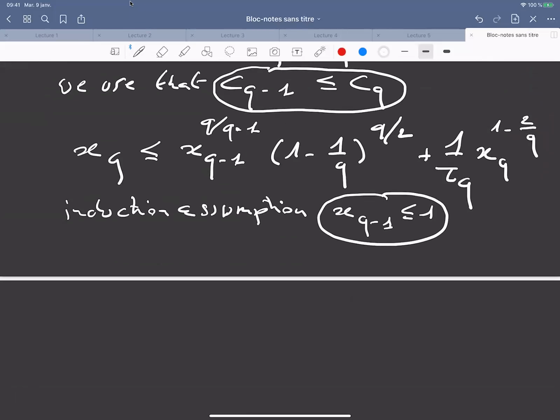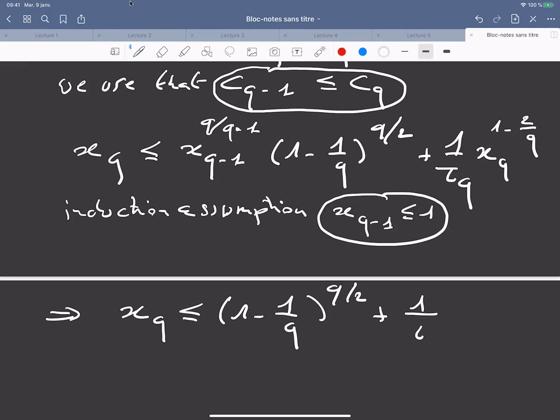And so this means that xq is less than 1 minus 1 over q to the power q over 2 plus 1 over tau q times xq to the power 1 minus 2 over q.